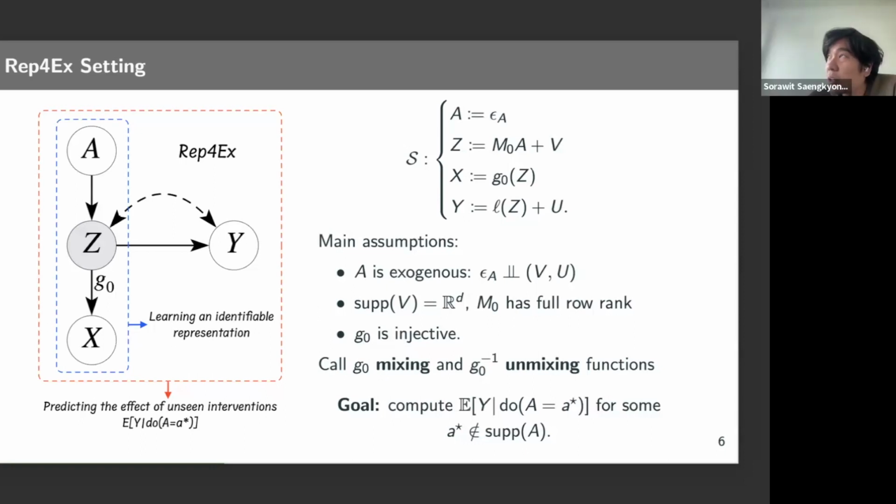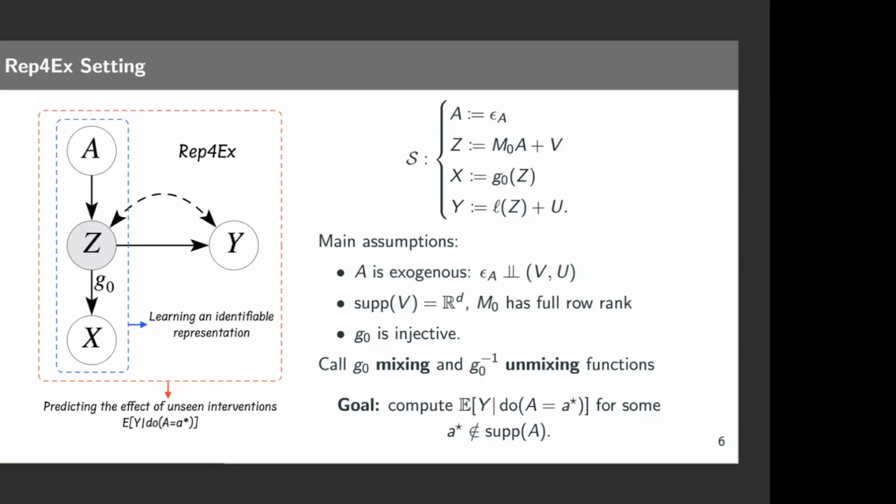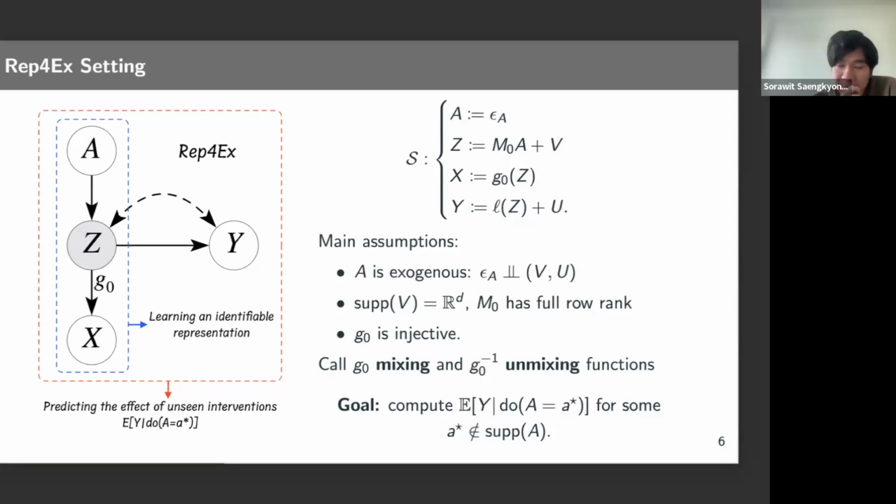Yes, what type of partial identifiability do you mean? For example, you just want to identify the bound of this conditional average treatment effect, right? Yeah. I see. Definitely, that's a very good point.